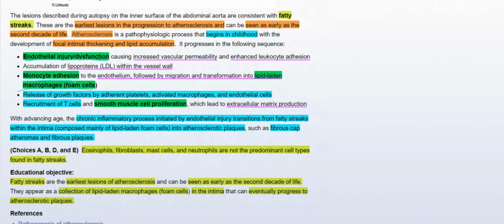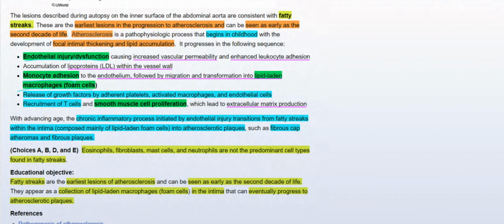What is the mechanism through which this atherosclerosis process is going? We went through that, but let me explain it again. Endothelial injury and dysfunction will cause increased vascular permeability and enhance leukocyte adhesion. What will happen due to that?